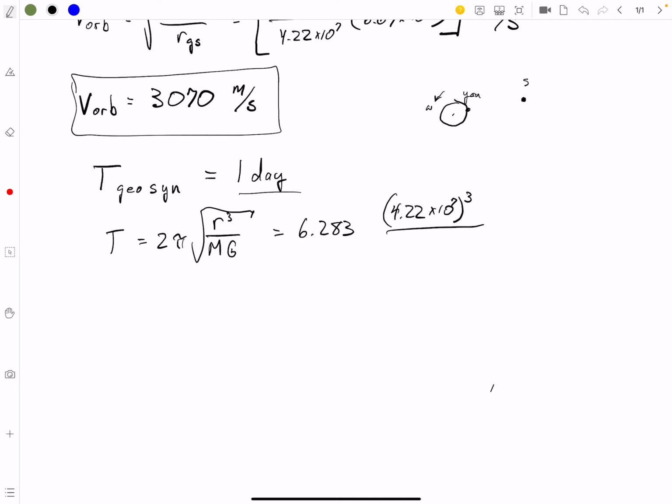We're going to divide by 5.96 times 10 to the 24, and we're going to multiply that by 6.67 times 10 to the minus 11, and then all that has to get the square root business.